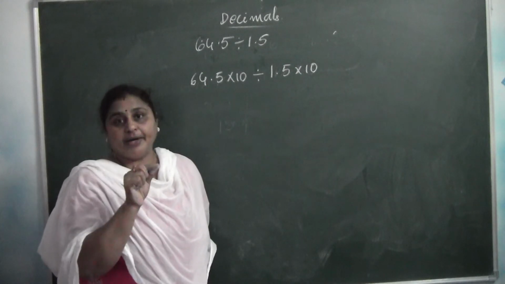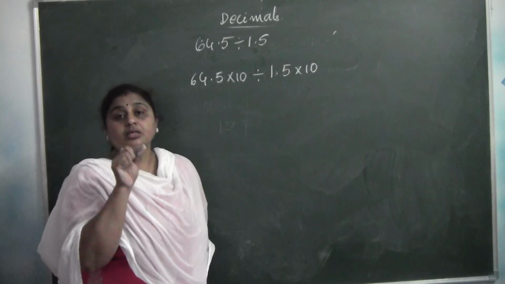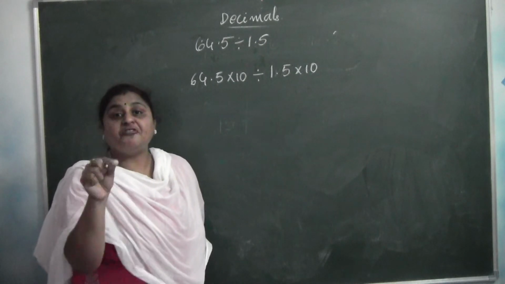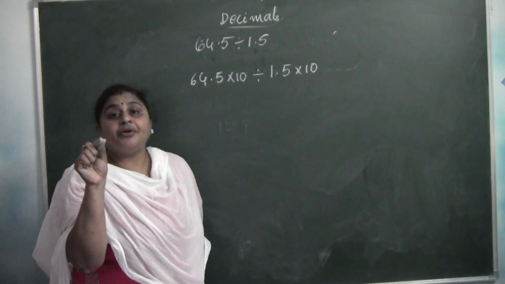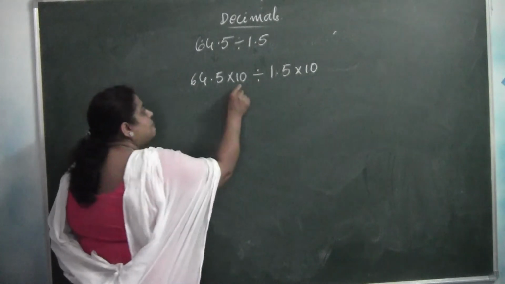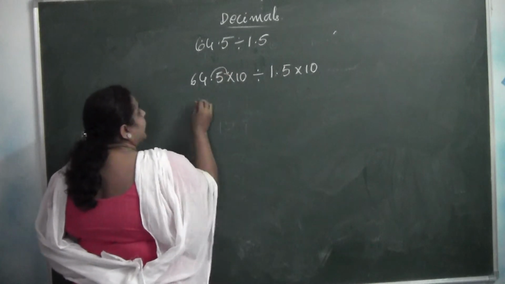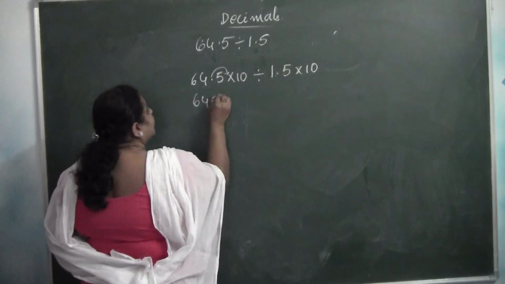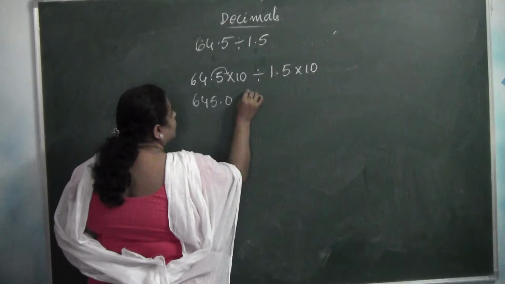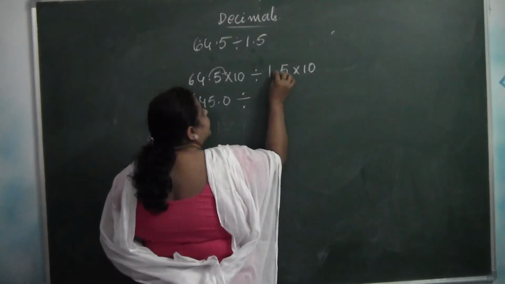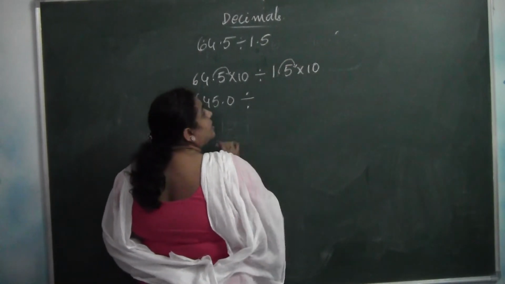I mean forward. Decimal point will jump forward depending on the number of zeros. Now here we have 1 zero. Then the decimal point will jump after 5. That is 645.0 divided with, and here the decimal point will jump after 5.